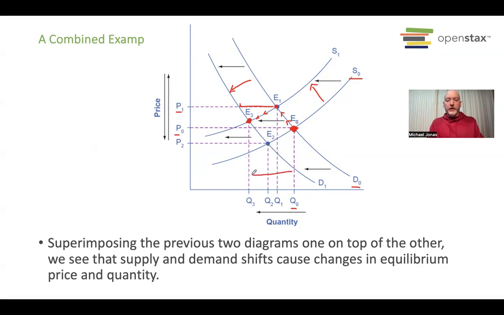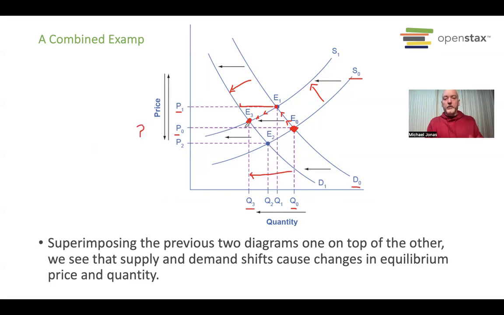But the ultimate effect is a large decrease in quantity for both of those reasons, from Q0 to Q3. And where we end up with price, again, is going to be indeterminate.